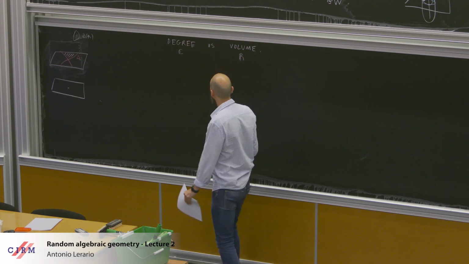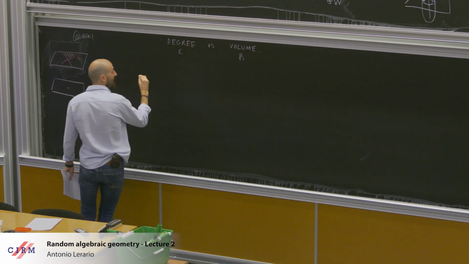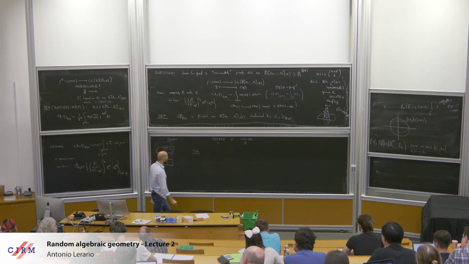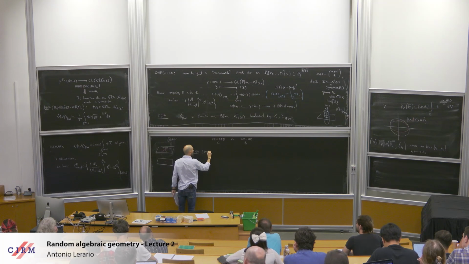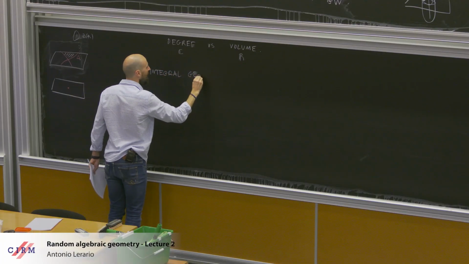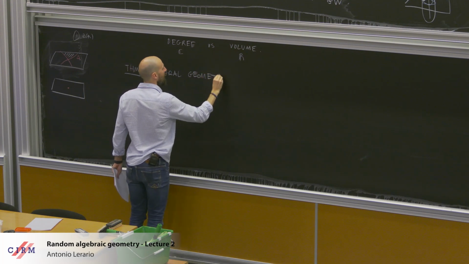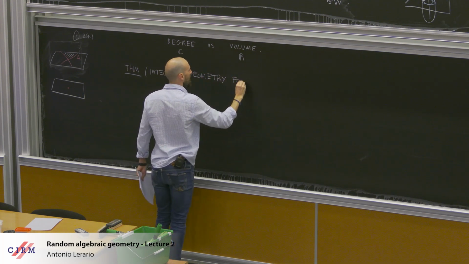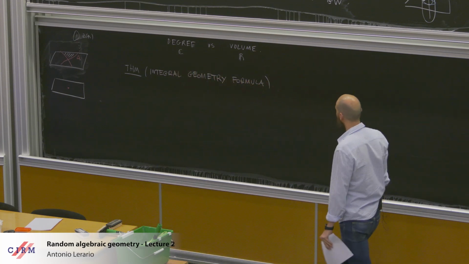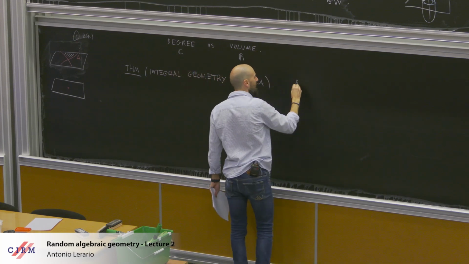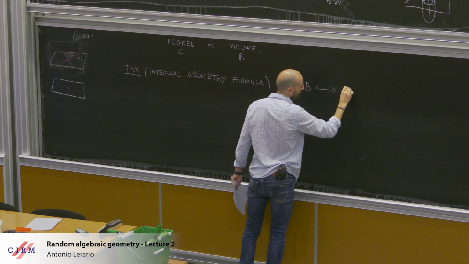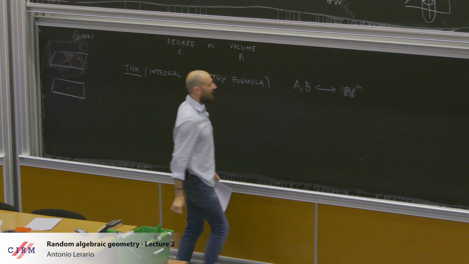Okay? So the tool that will allow us to do computations is the following. It's called the integral geometry formula. It's very beautiful and has nothing to do, at this point, with this discussion, and it's the following. So pick two submanifolds in the sphere, in RP, let's work with projective space, in RP^n.